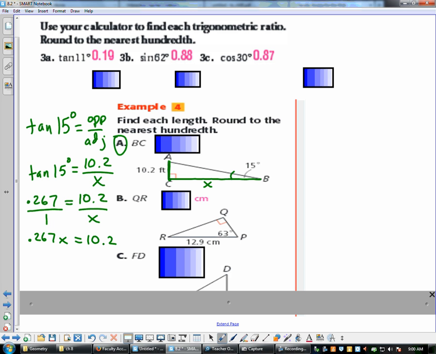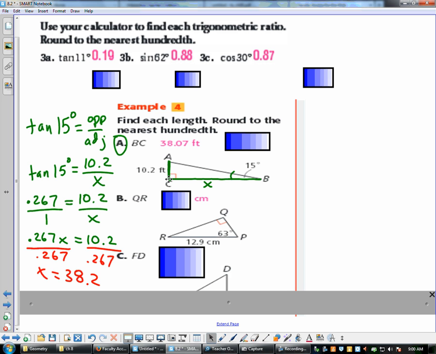If I cross multiply, dividing both sides by 0.267, I'm getting X equaling 38.2. And what do I have here? 38.07. That's fine, close enough.